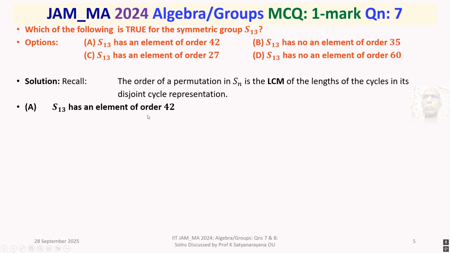Option A, S13 has an element of order 42. First of all, we factorize 42: 2 into 3 into 7. When you add 2 plus 3, 5 plus 7, 12 plus 1, you make it 13. The LCM of 2, 3, 7, 1 is 42.